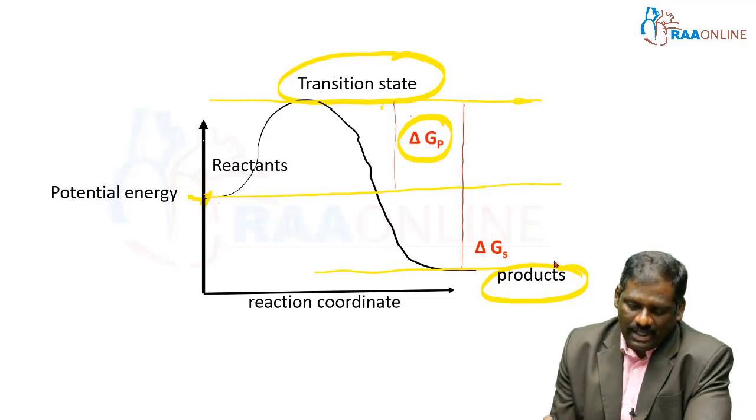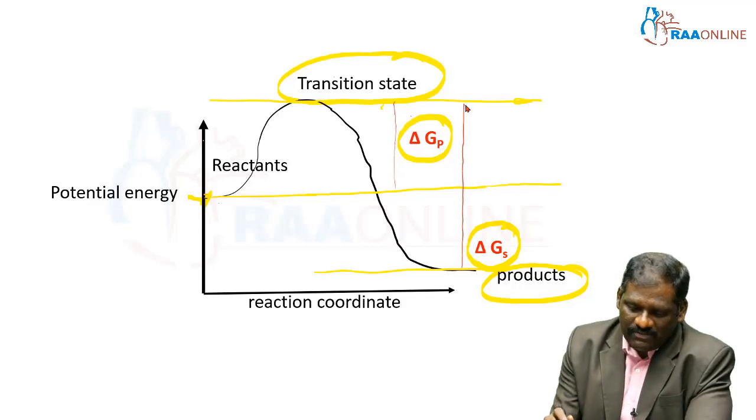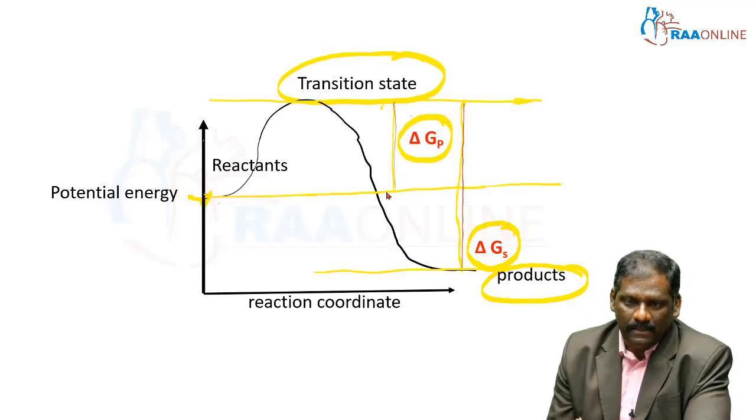Now suppose the increase in energy level from the ground state to the transition state in the case of the product, the difference in that energy level is delta Gs. S is nothing but substrate. In this case the final thing is substrate, and in this case the final thing is product. So this difference is delta Gs and this difference is delta Gp.